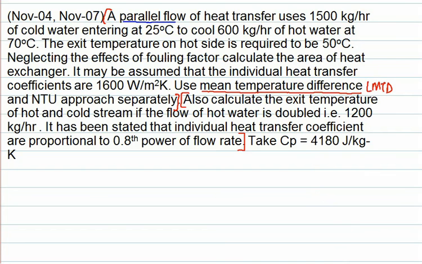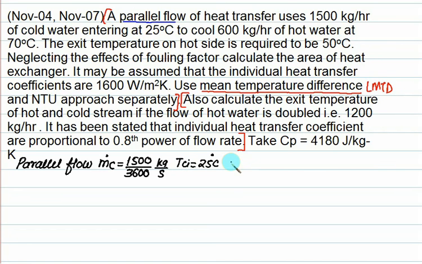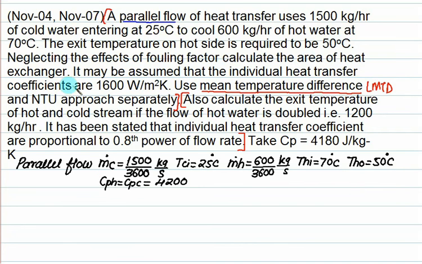So this one is parallel flow. M dot C is 1500 divided by 3600 kg per second. It enters at 25, and is also water. M dot H is 600 by 3600, at 70 degrees Celsius. Exit temperature on the hot side, we wish 50 degrees Celsius. CPH is the same as CPC on both sides, equal to 4200.